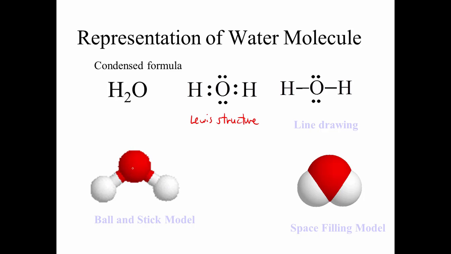The molecular geometry of water is bent, as we'll talk about later in this chapter. In a ball and stick model, we see the oxygen, hydrogen, and that they're connected by the single covalent bond. Or we could use a space filling model, which is more accurate, to show the relative sizes of the atoms filling up 3-dimensional space, but we can't see the bond in that model.